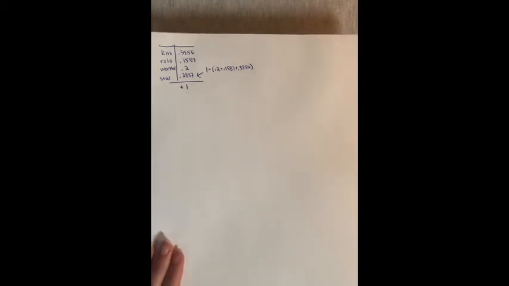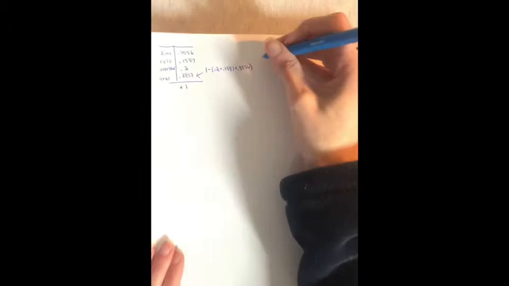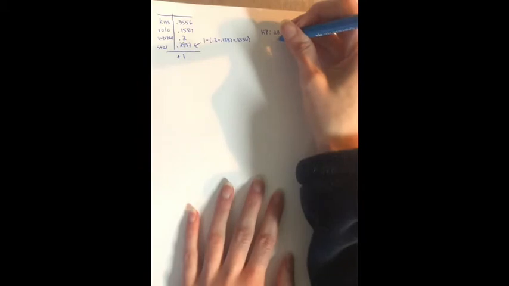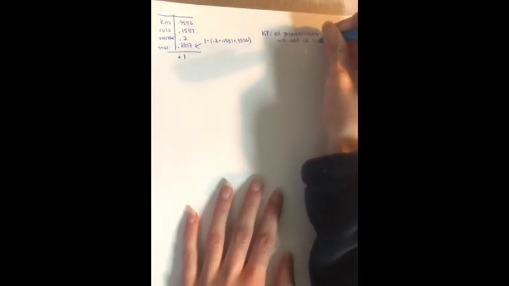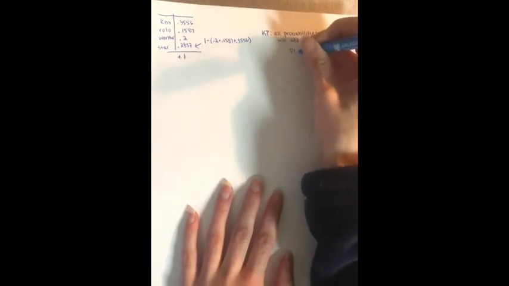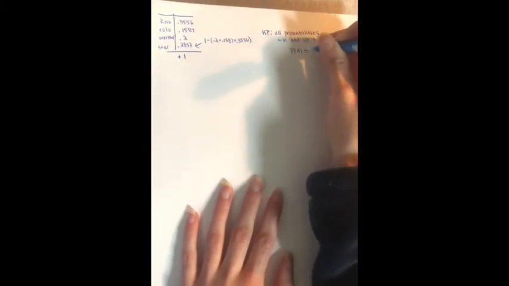Okay, so this is a key point. All probabilities should add up to 1, which means they can never go over 1 unless there's some scenario in which that would make sense. And so the probability of a given event should never be over 1, and obviously it should never be negative.